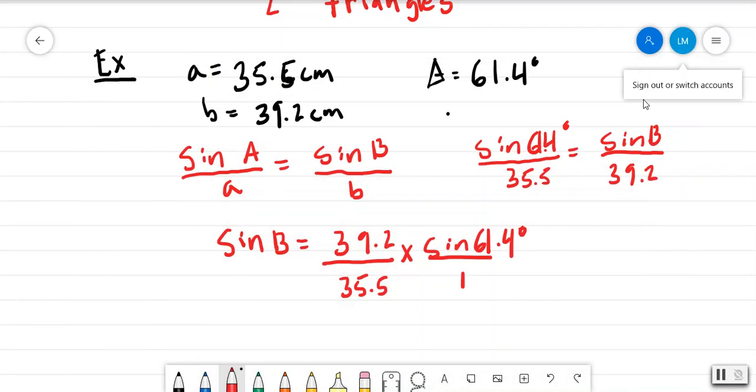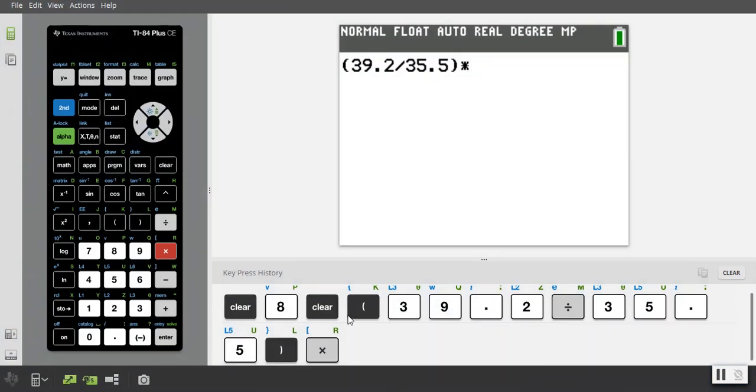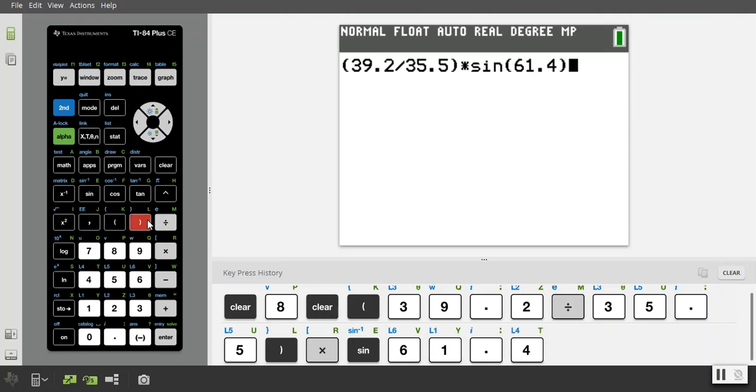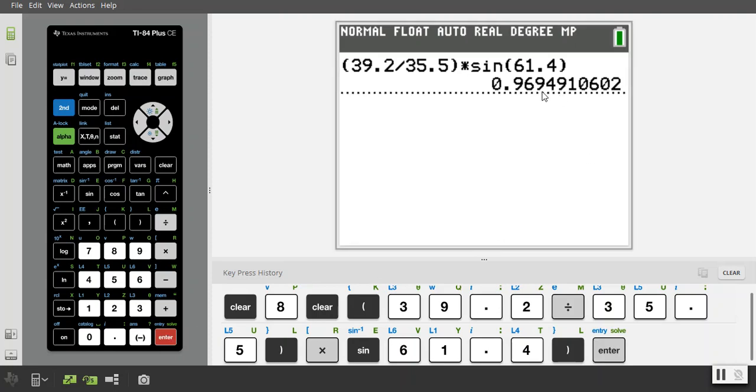Actually, I'm not convinced on that. Hold on. So sine of B, and then 39.2. Okay, so yeah, it looks correct. So sine of 61.4, and then we just close that. We hit enter, and we get 0.969.